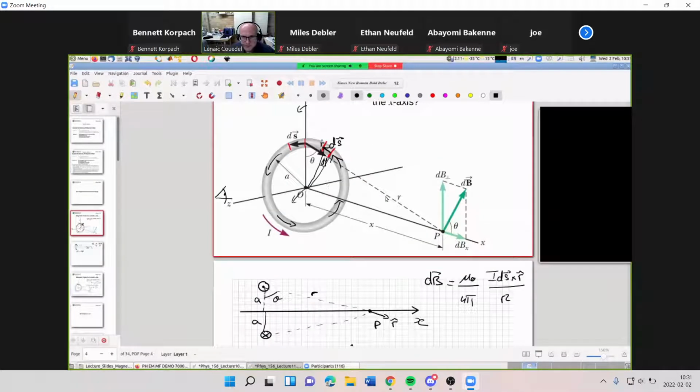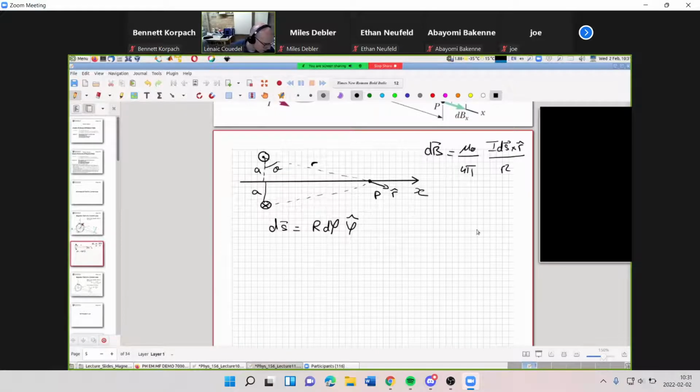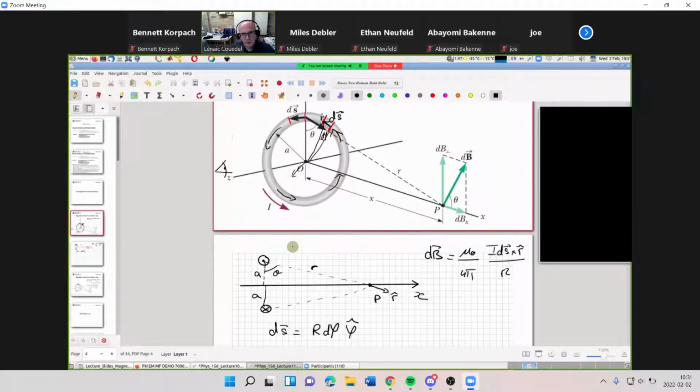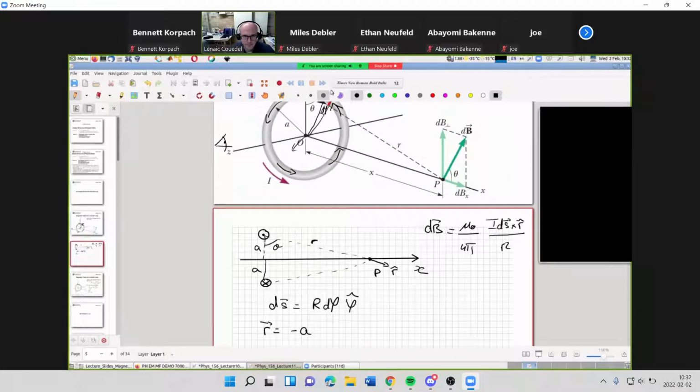R, that connects my wire to my point P of interest, so I need to define my r hat and my r square here. As you can see, the r vector, I just go along A here. I'm going in the minus direction of the radius.